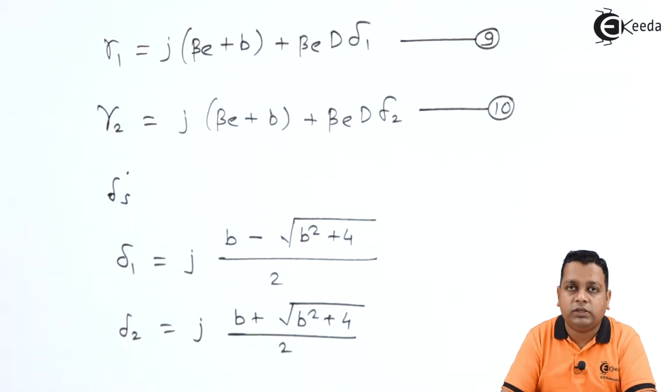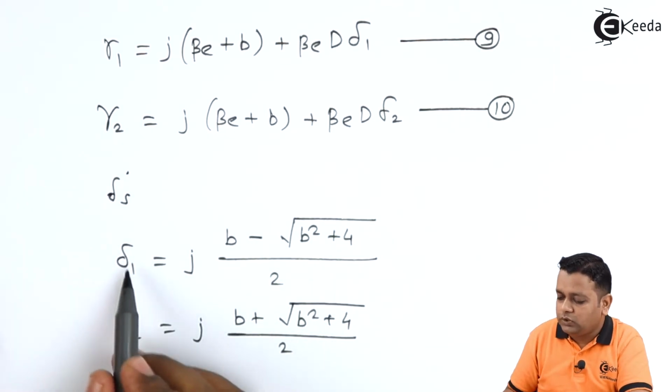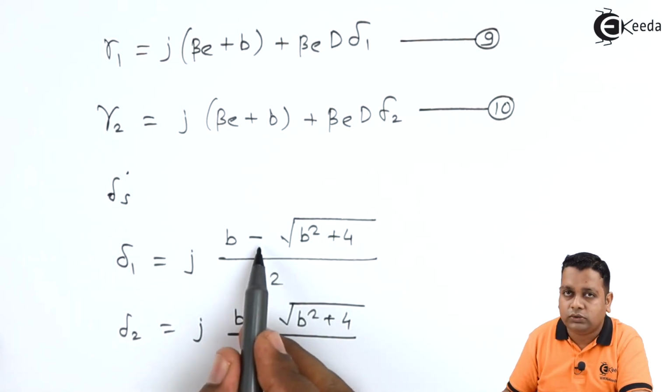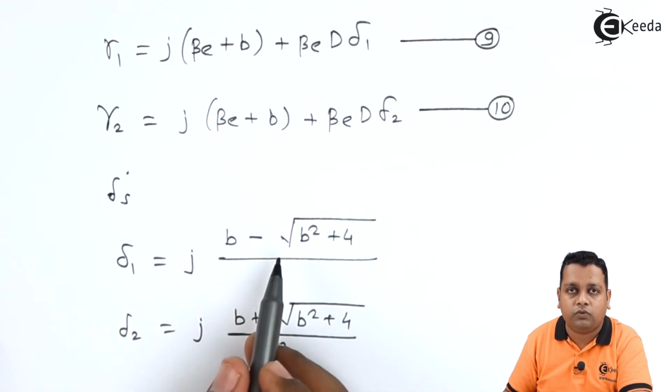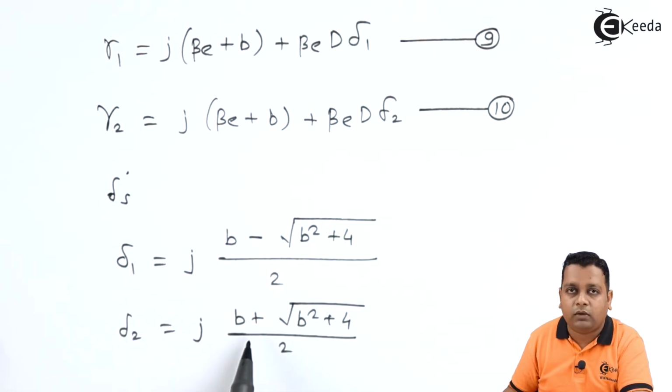So in both of these representations, only the sign changes. In the expression of del 1 we use the negative sign to find one root, and the second root is obtained by having the plus sign in the numerator here.